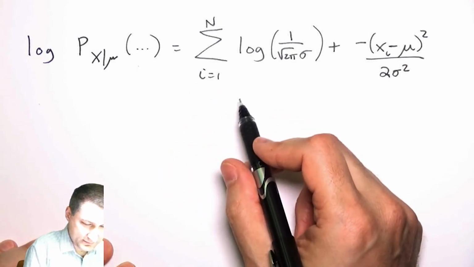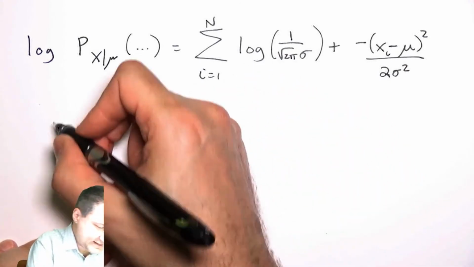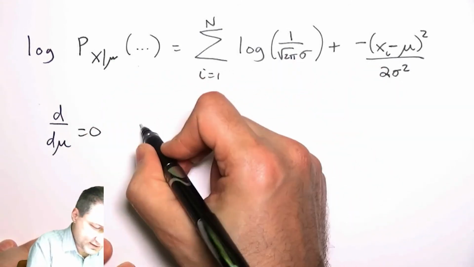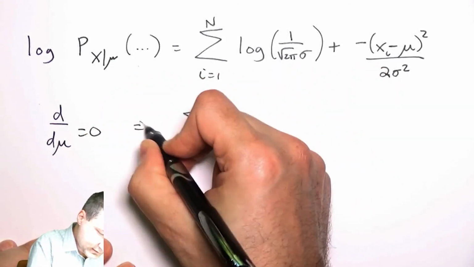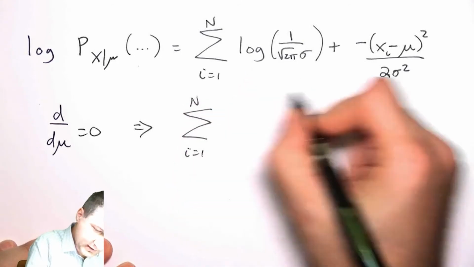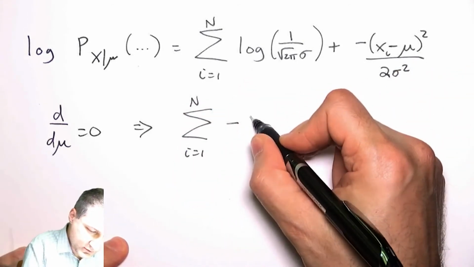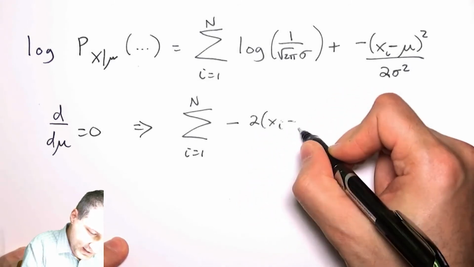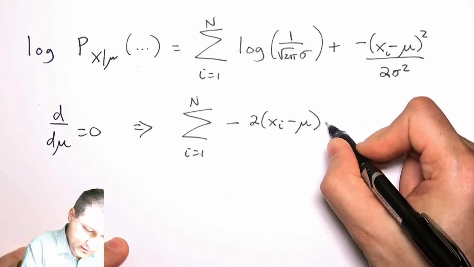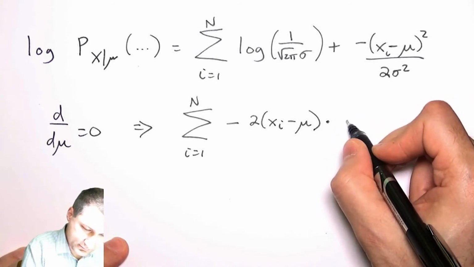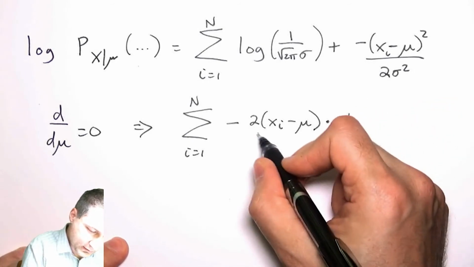Now, this thing I don't really care about because I'm going to take the derivative and set it equal to 0, right? So the derivative of this part is just a constant. What I get is the sum of the derivative of this with respect to mu, right? I'm going to get minus 2 xi minus mu times the derivative with respect to mu is minus 1, right?